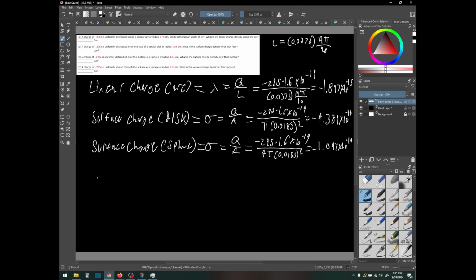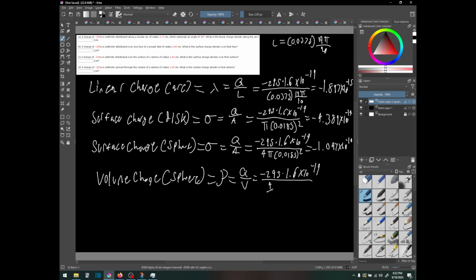And lastly, we have volume charge of a sphere, which is equal to Q over V. And this is going to be 4/3 pi r cubed.